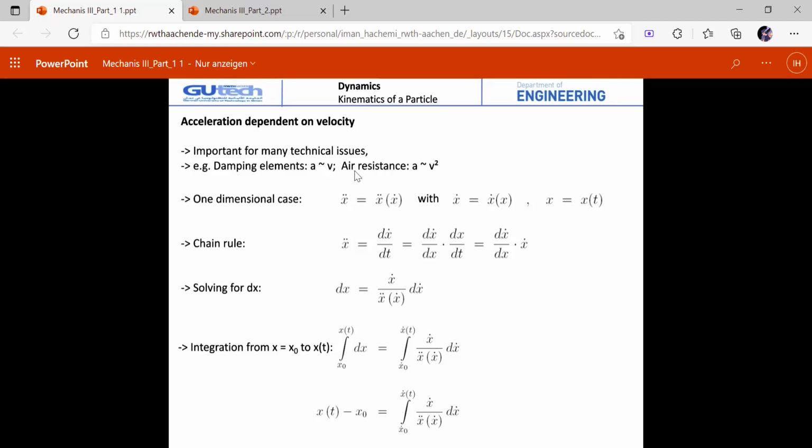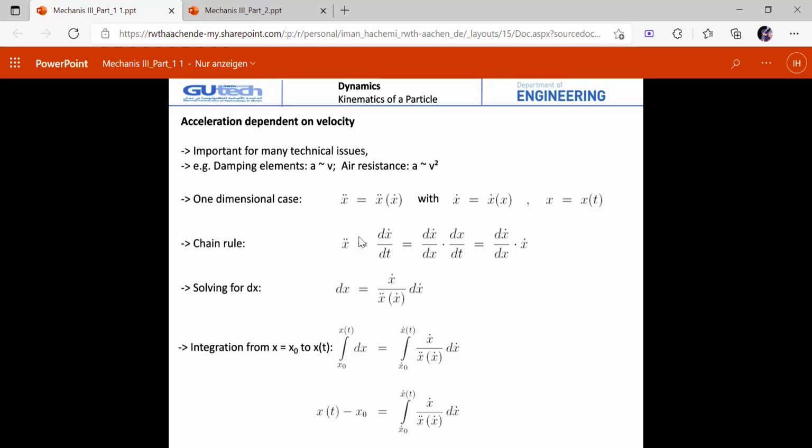And there is the case of air resistance, where the acceleration is quadratic in the velocity. So the acceleration depends on the velocity x dot, x dot depends on x, and x itself depends on time.